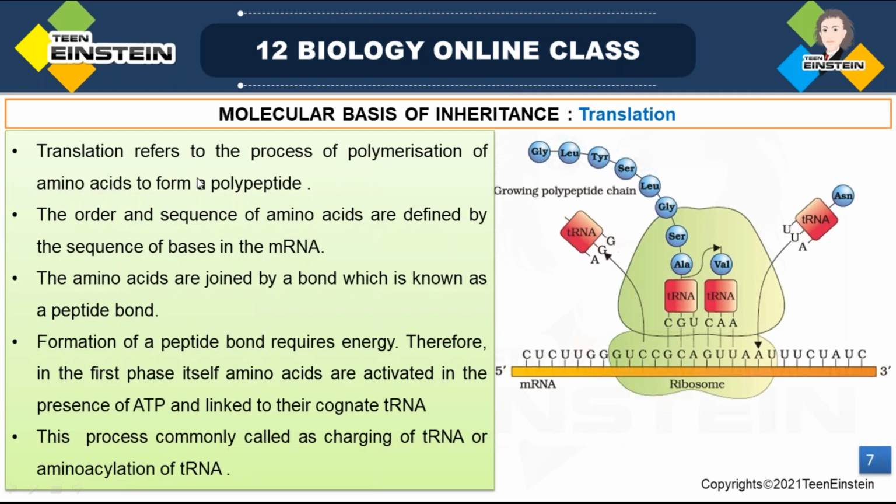Translation means the process of polymerization of amino acids to form a polypeptide. The order and sequence of amino acids are defined by the sequence of bases in the mRNA. Based on that mRNA base sequence, we can predict the sequence of amino acids.